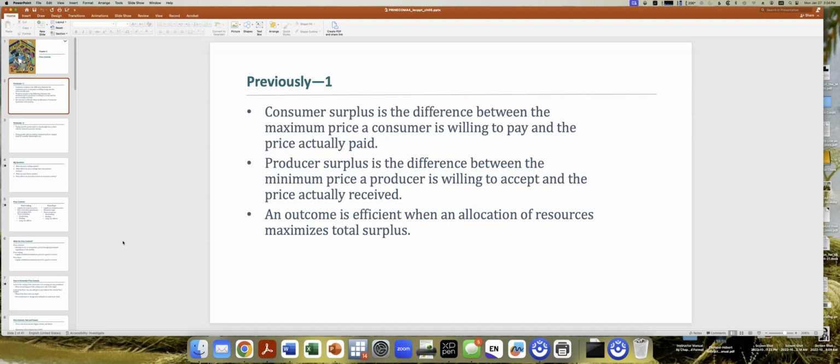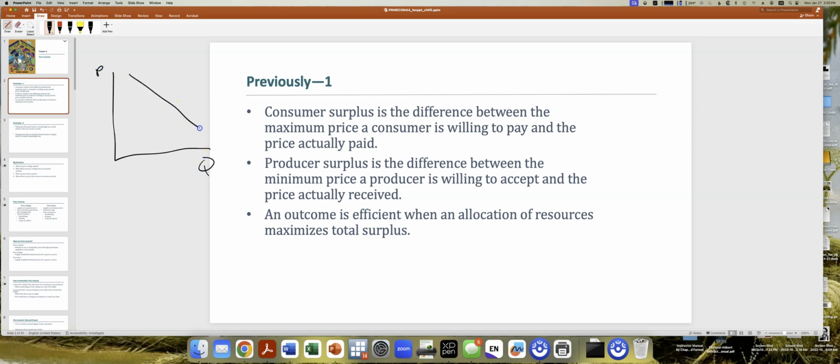Okay. So what we would see in any sort of situation is that we could create a situation where we have price and quantity, demand and supply, and then obviously here's our equilibrium, with equilibrium price and equilibrium quantity.